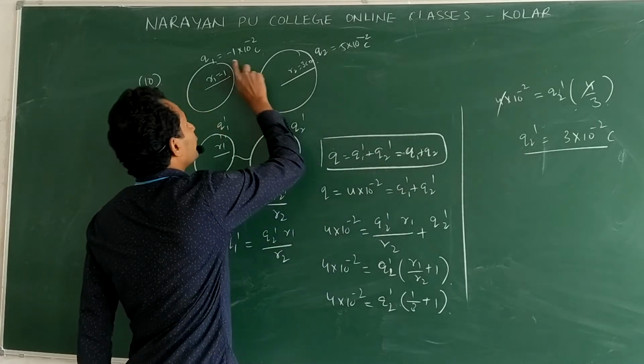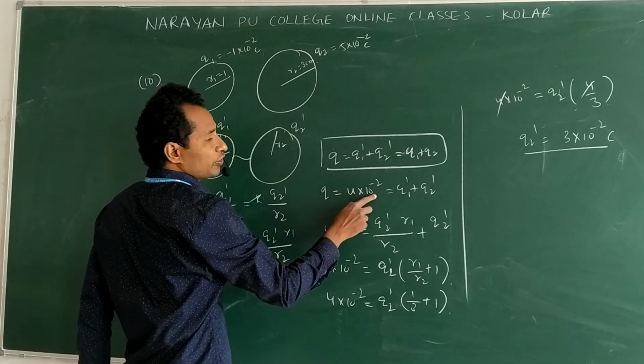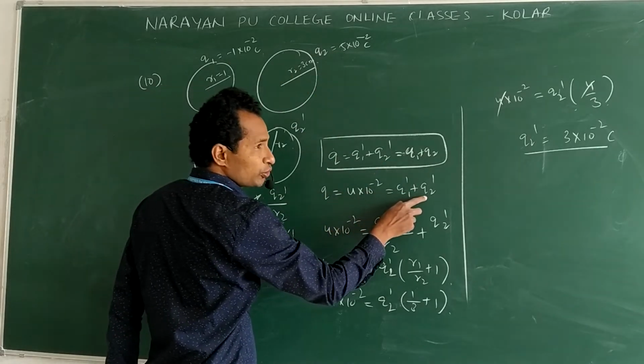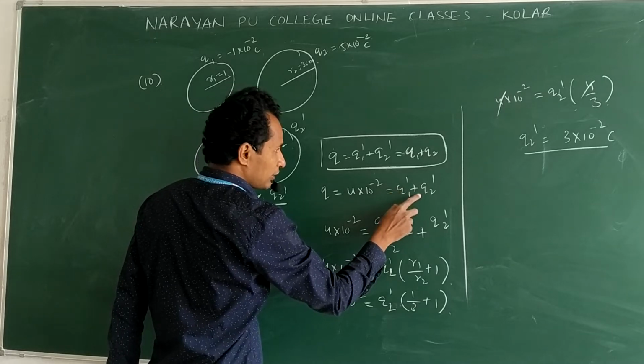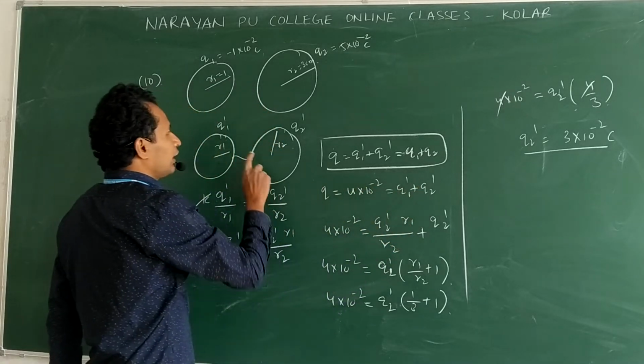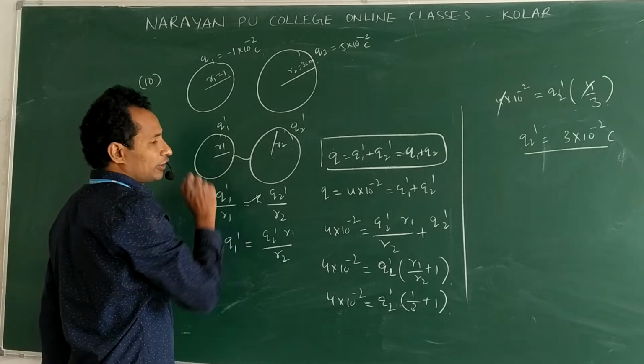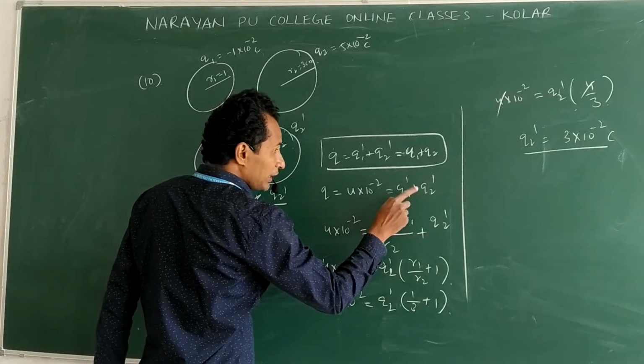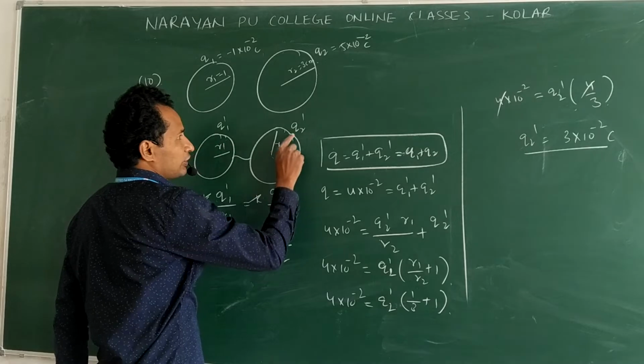Q1 plus Q2 will be minus 1 plus 5, 4. So 4 into 10 power minus 2 is equal to Q1 dash plus Q2 dash. These are the new charges on the spheres after connecting the wire. They are asking the bigger sphere charge, Q2 dash.